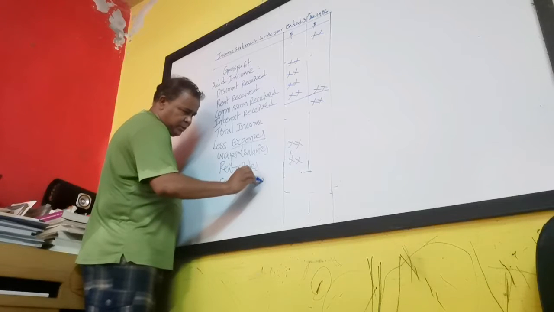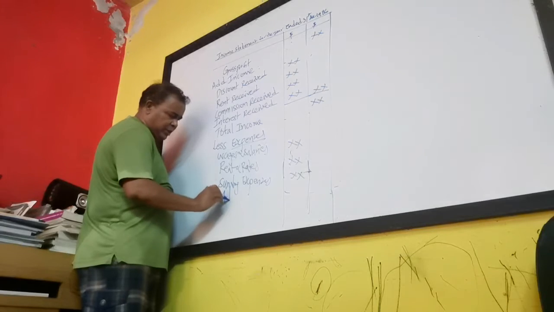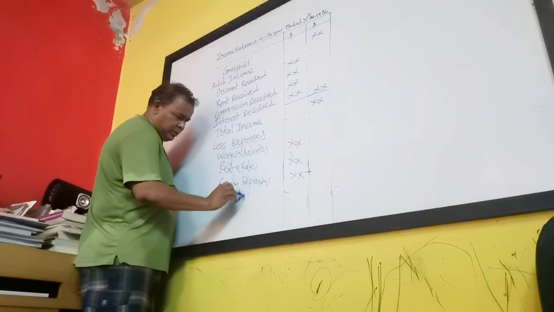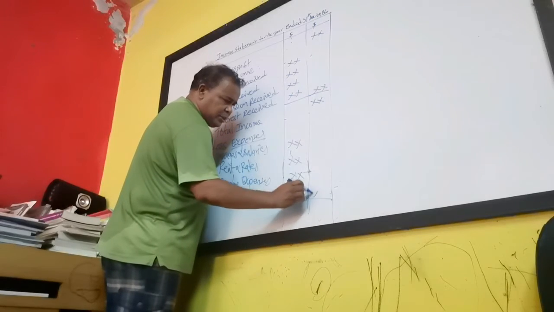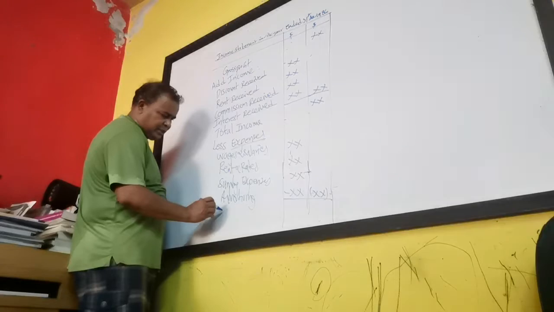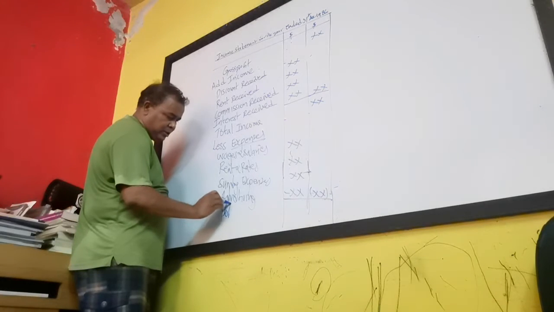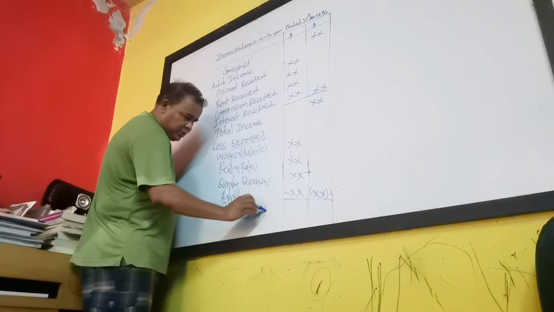Advertising. For the time being, we assume that we have these four expenses: wages and salaries, rent and rates, sundry expenses, and advertising. Then we add all, we put it in the second column, and then total income less expenses. This will give us profit or loss for the year.